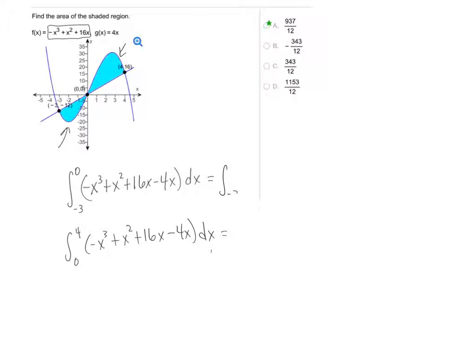So negative x cubed plus x squared plus 12x dx. And this one is 0 to 4, same thing. So after we take our antiderivative one time, we're just going to use that same one to find the integral.